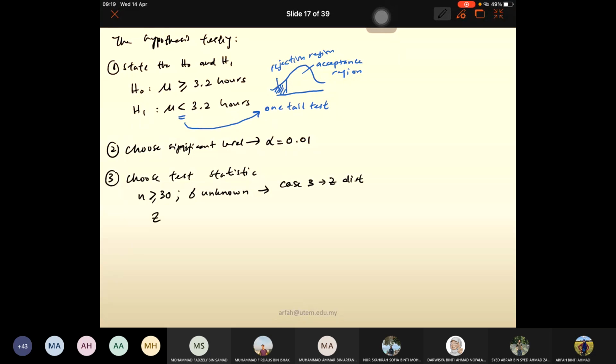So test statistik Z akan sama dengan X bar minus mu, S over surd of N. So dia bagi X bar sama dengan berapa? 2.8. Okay. 2.8 tolak dengan population mean 3.2 bahagi dengan S yang dia bagi adalah 0.14 divide by surd 30. So dapat berapa jawapan dia?